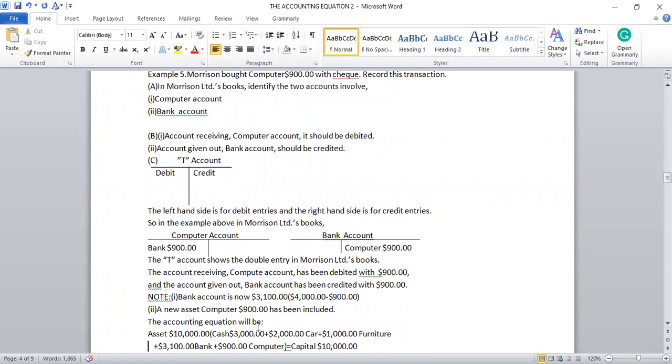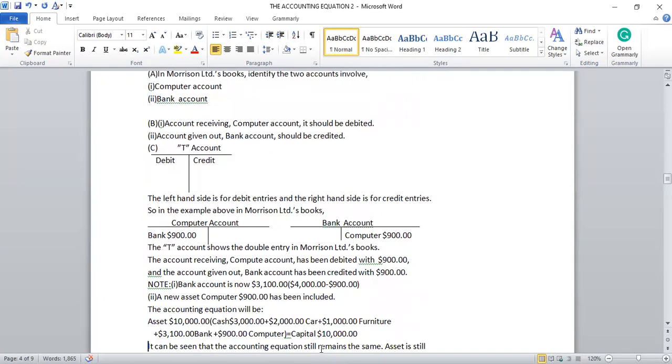The accounting equation will still be asset $10,000, comprising of cash $3,000, plus $2,000 car, $1,000 furniture, plus $3,100 bank, plus $900 computer. It will still equal the capital of $10,000.